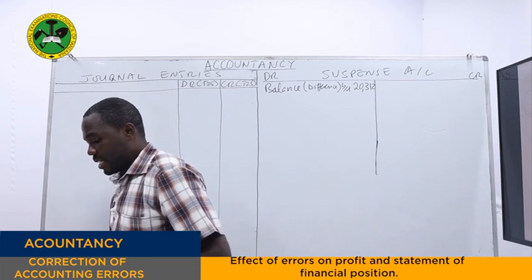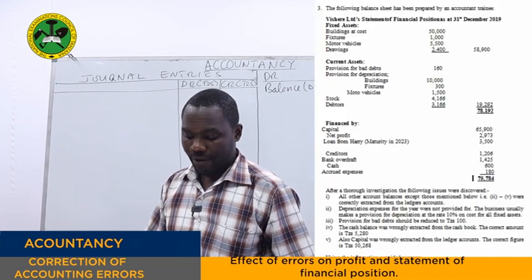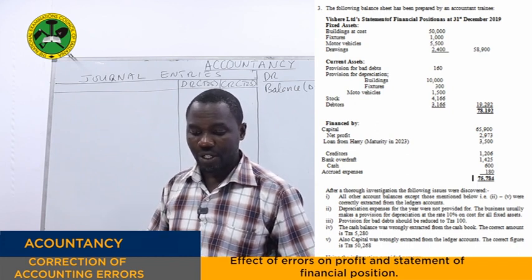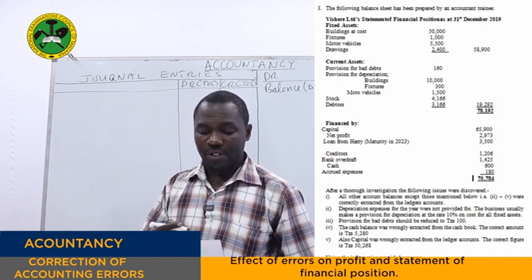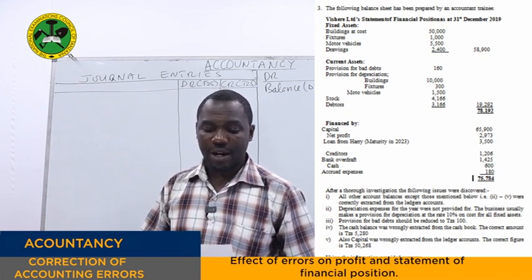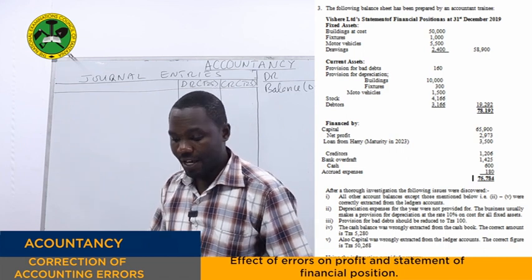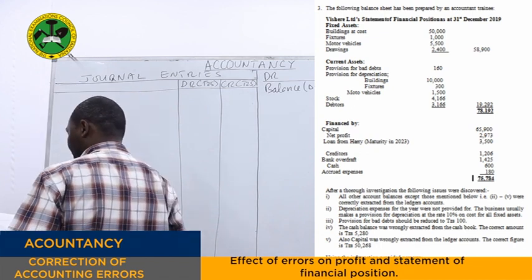So the depreciation, we are told that it was 10% on each fixed asset. Our fixed assets, we have building at cost, which was 50,000. 50,000, if you multiply by 10%, we get 5,000. That will be depreciation for building.